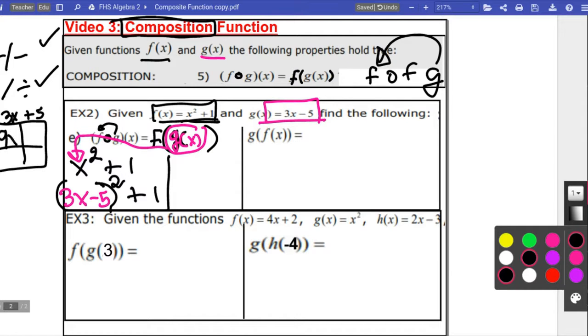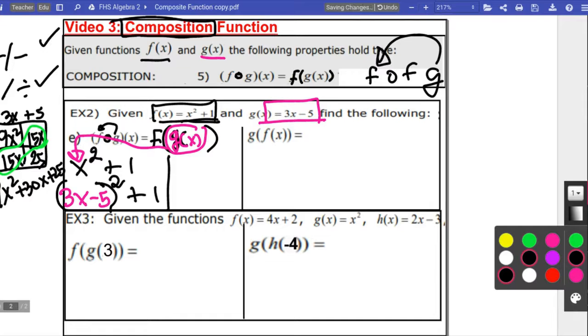So that will be 9x squared, that will be 15x, that will be 15x, that will be 25. It looks like I do have like terms in the middle. So that will be 9x squared plus 30x plus 25.